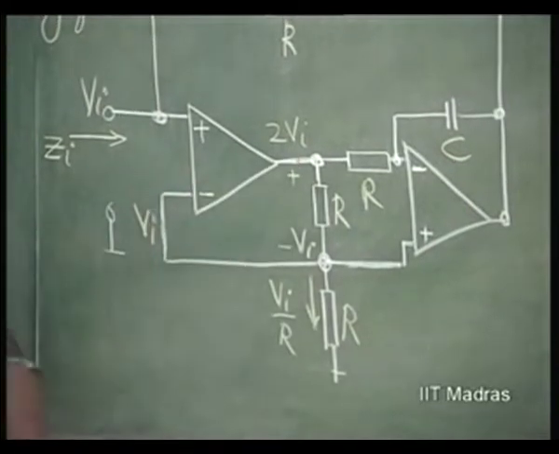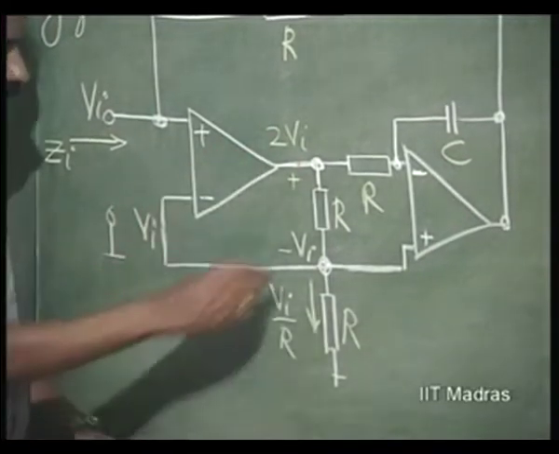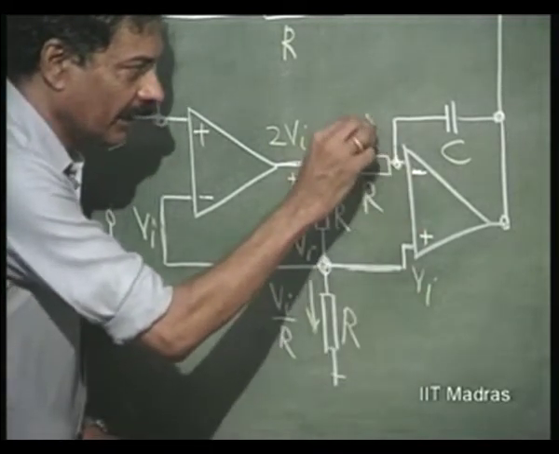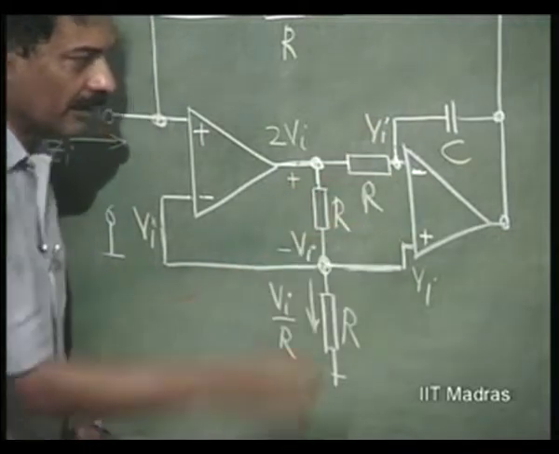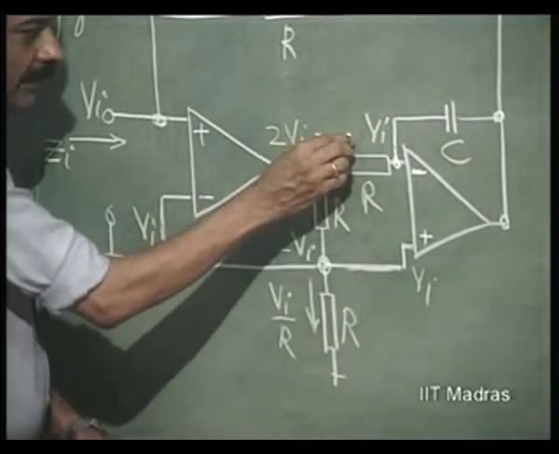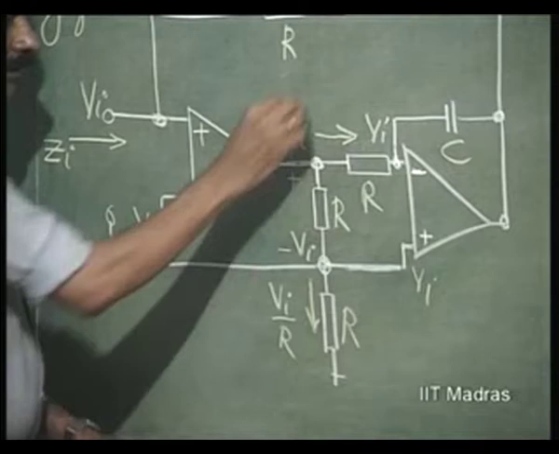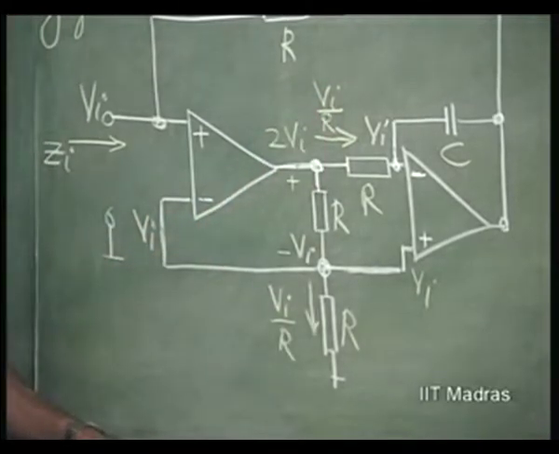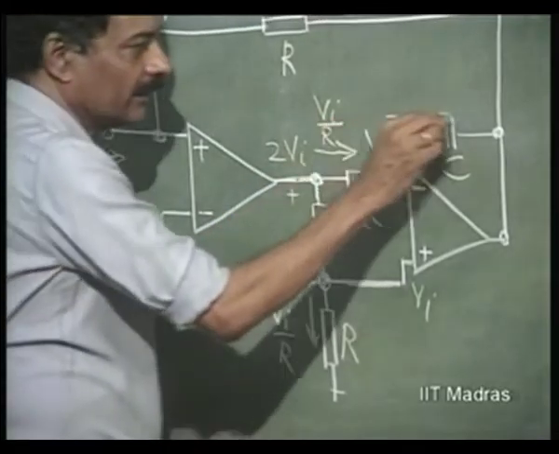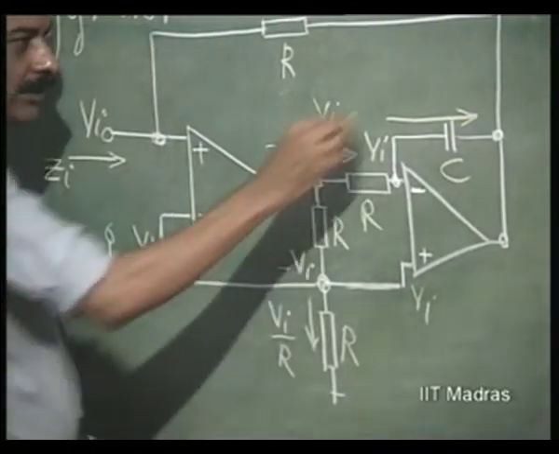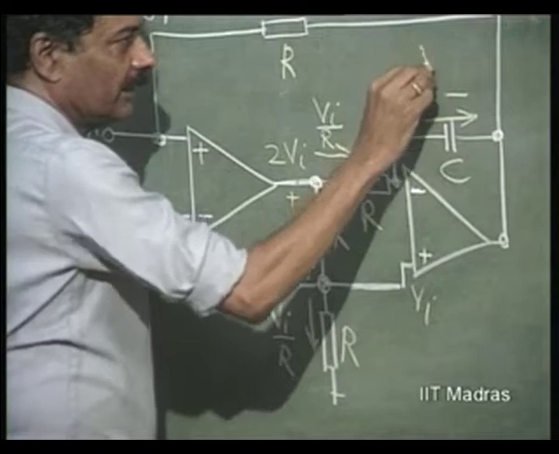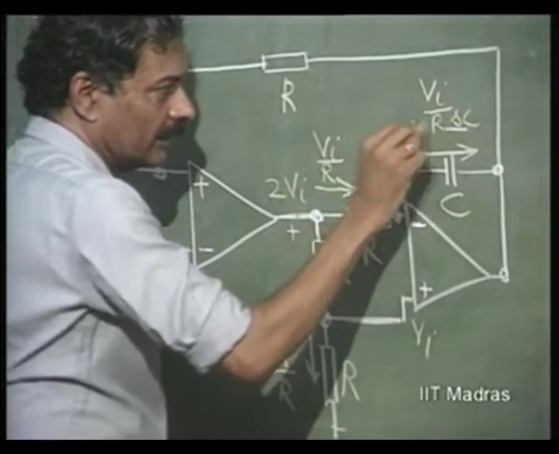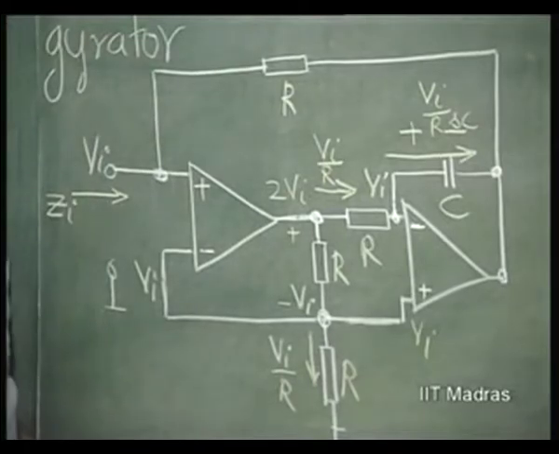So, this is 2 V I. If this is 2 V I and we already know that this is V I, this has to be V I. So, the current in this has to be V I by R. This current cannot go anywhere else other than into the capacitor. So, the drop across this has to be V I by R into S C with this kind of thing.